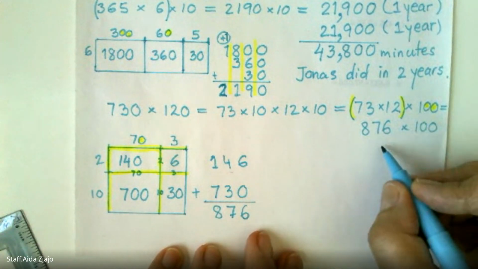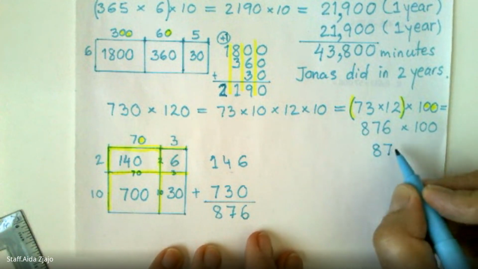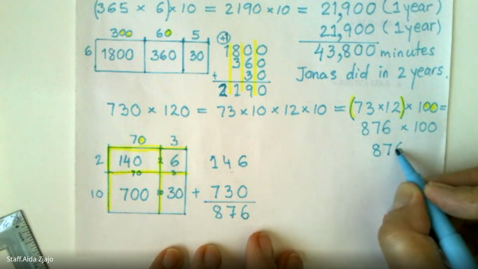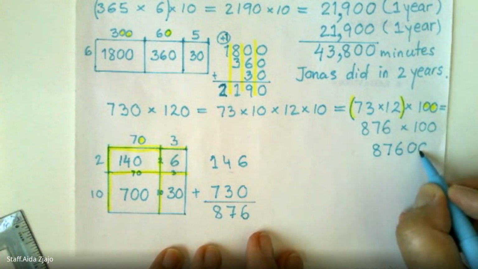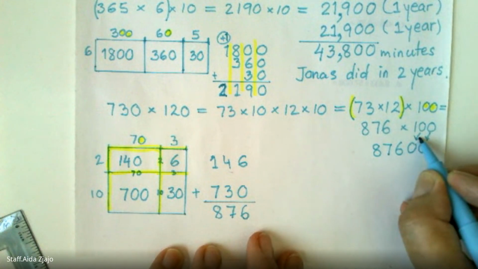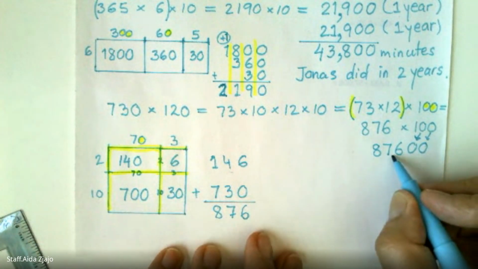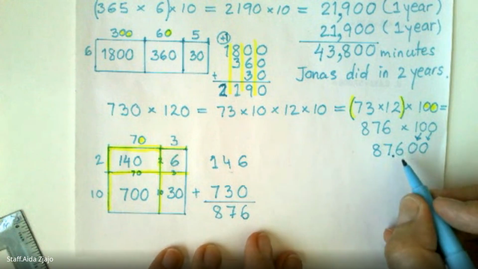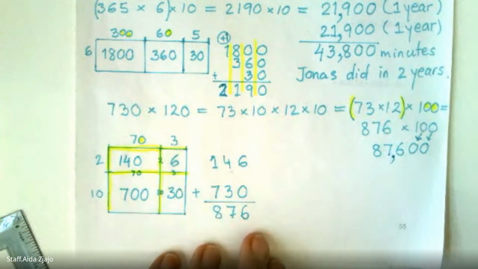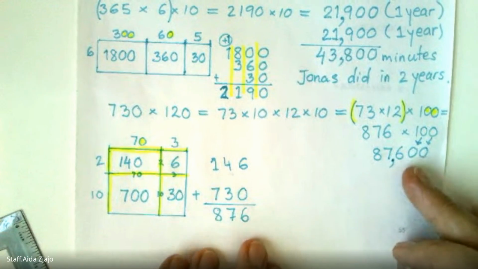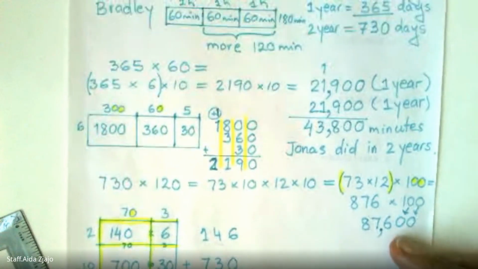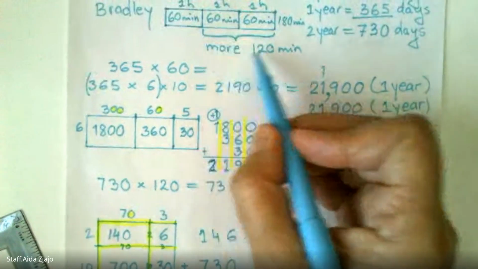So the final answer is that same number, 876, and add 2 more zeros from the 100. So now we know how much more it is: 87,600 minutes more.